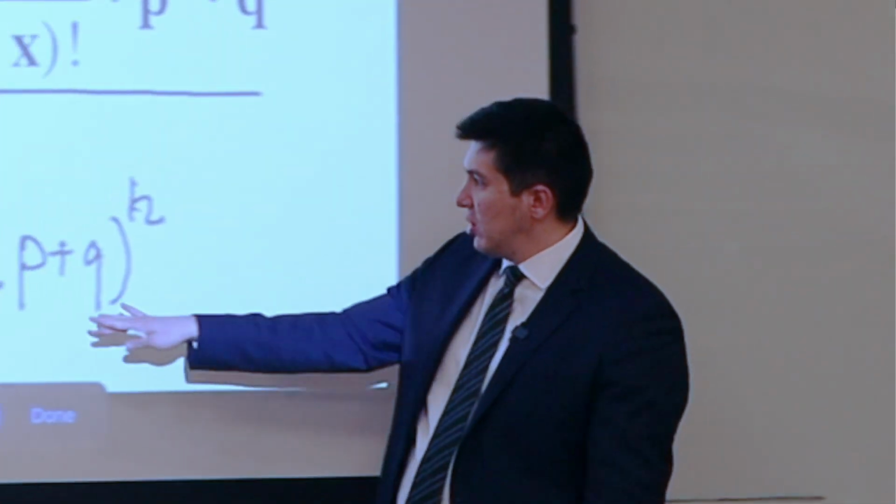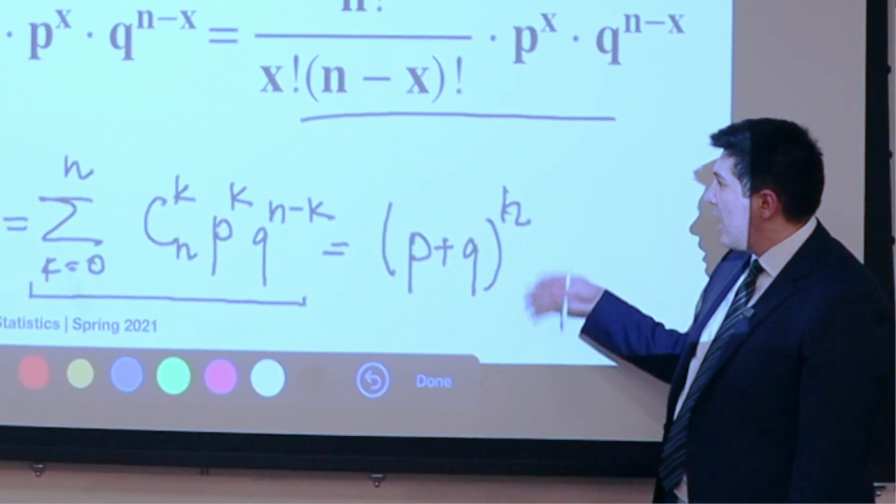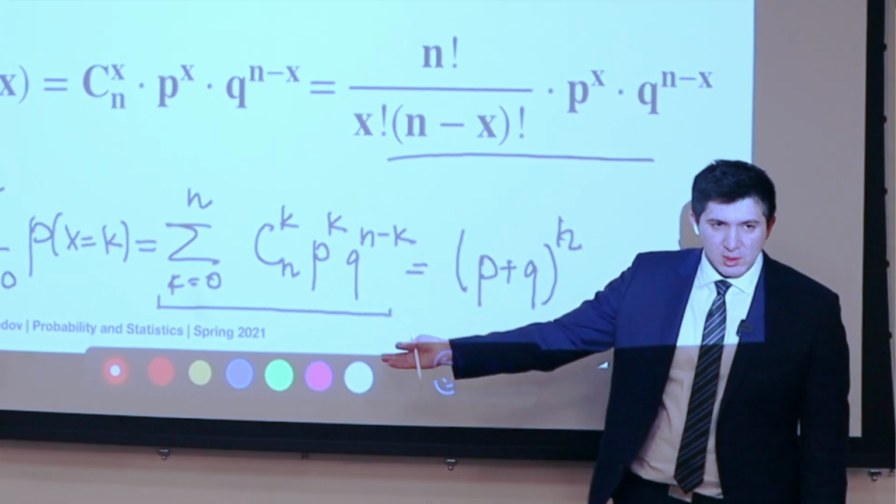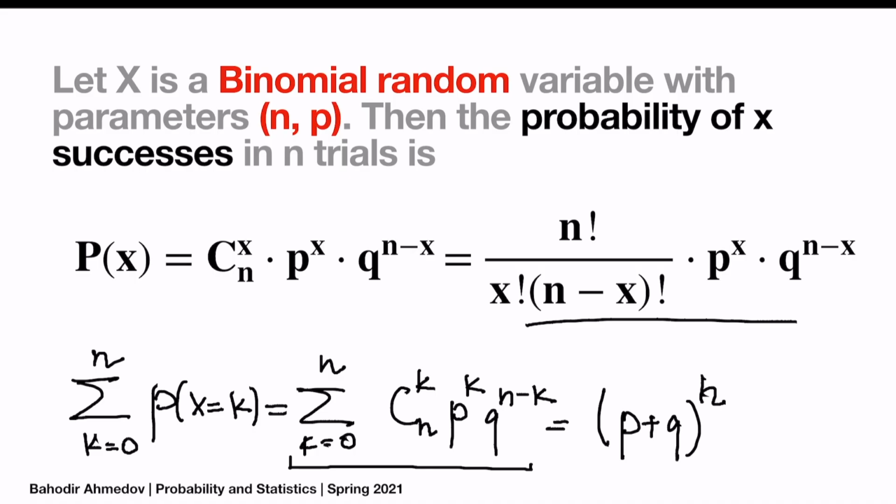If you remember from the calculus course, if you have just two letters, (a plus b) to the power of n can be expanded using this formula, okay? And please note that p plus q is always equal to 1, right? There are two outputs of the Bernoulli trial. One is p, one is q, and the sum should be equal to 1. So that is why it is simply equal to 1. Then yes, this is a proper mass function. So we can legally use this function in order to evaluate the probabilities.